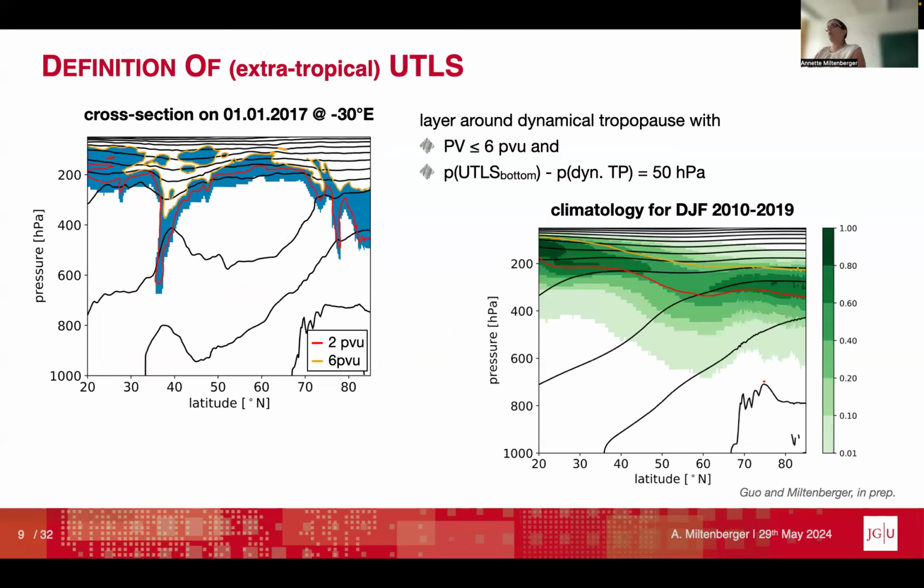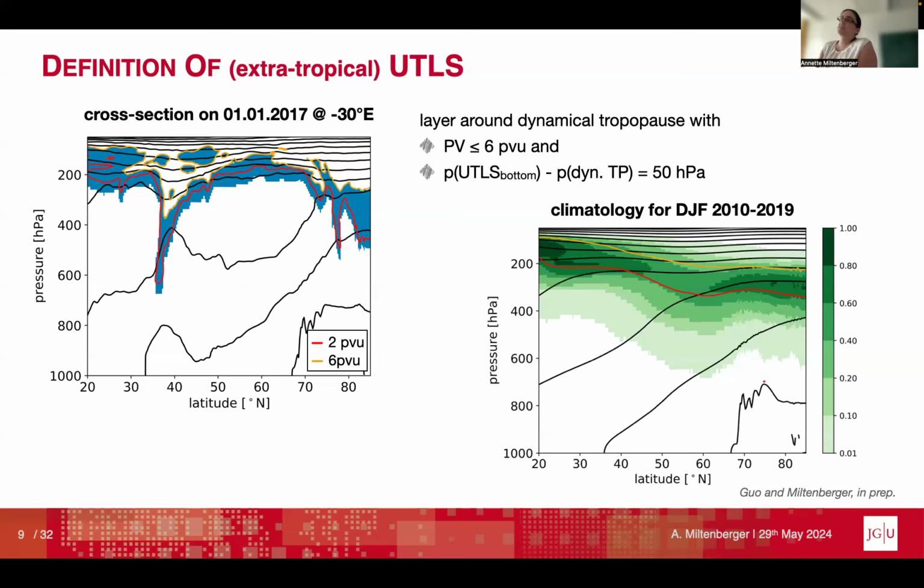If you go through the literature, there are various, often very vague definitions. And so if you want to do a quantitative study, we need to settle on an objective definition. What we decided to do is to look at the layer around the dynamical tropopause, where PV is 2 PVU, and we extend to 50 hectopascal below the dynamical tropopause.